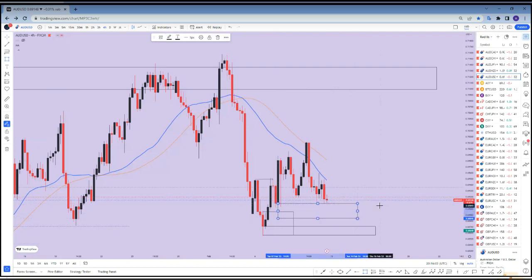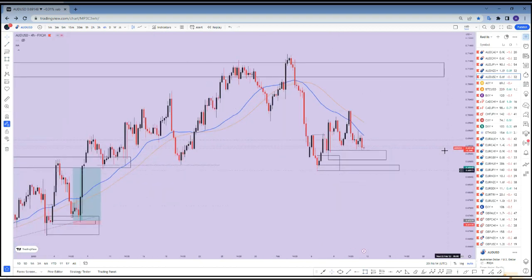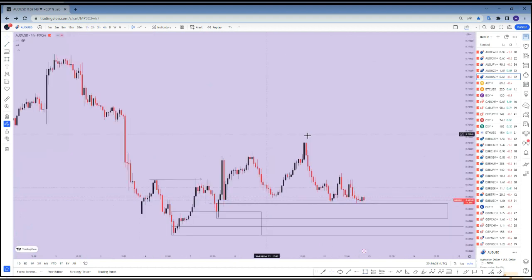Either we get the bullish reaction from this block, or we get it from this block. Because for me, I am going to be wary of price yielding a temporary manipulation somewhere around this zone. But maybe we should check on the 1 hour and see how that plays out.